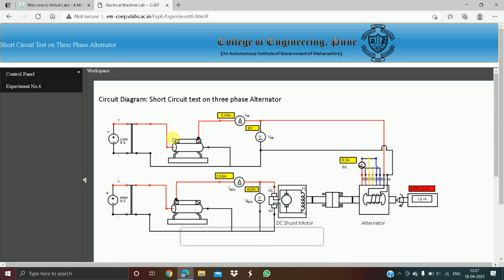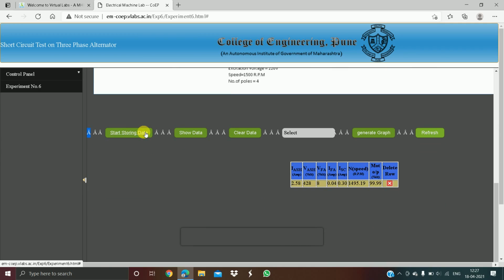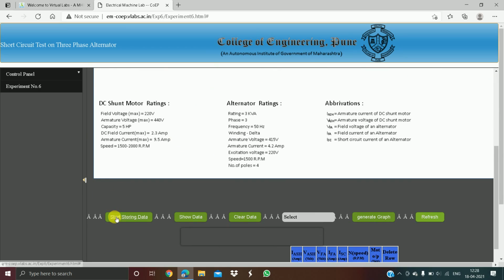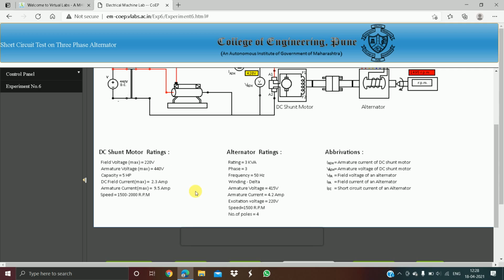Like this we are going to repeat. Do you know the rated armature current? That is 4.2 ampere.